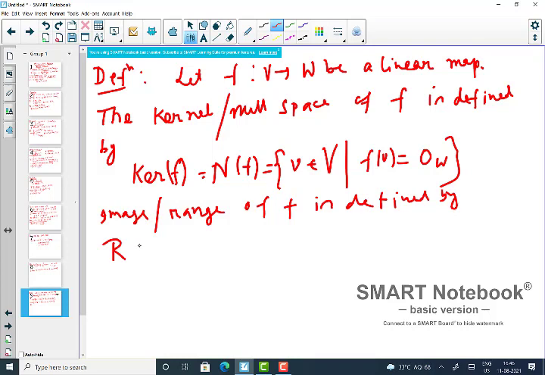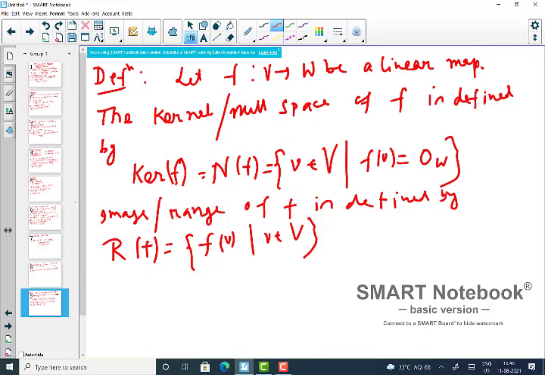Let me write down this symbol, range of f, and this is what? This is the collection of all the vectors f of v, such that v is an element of that vector space V.